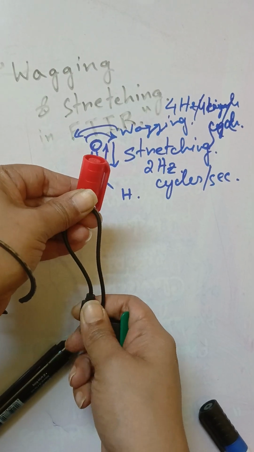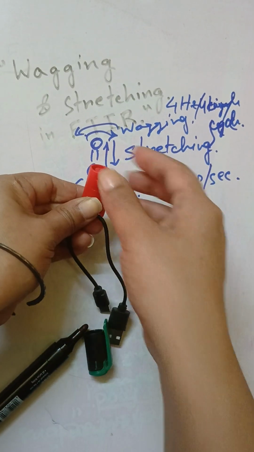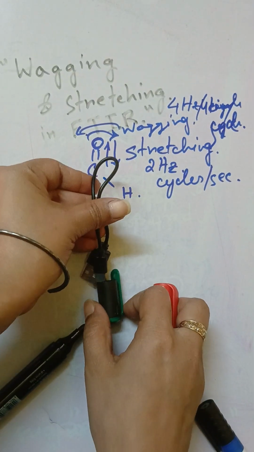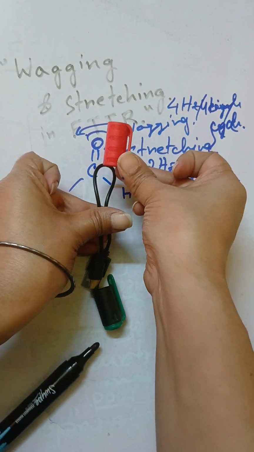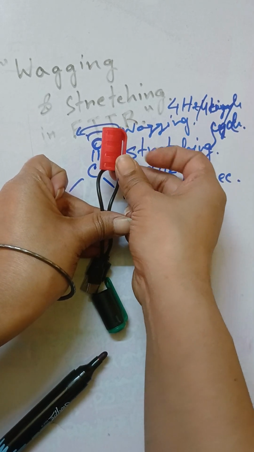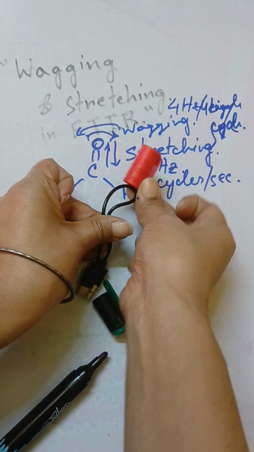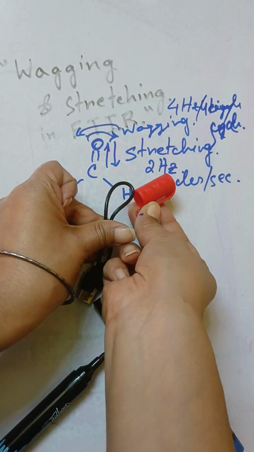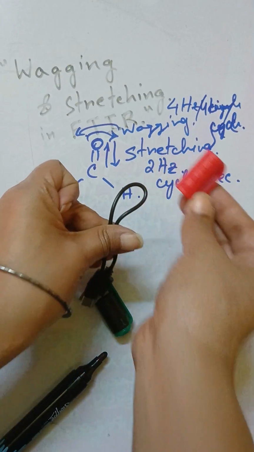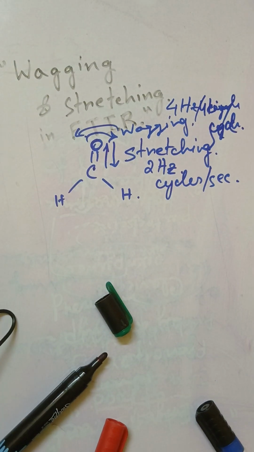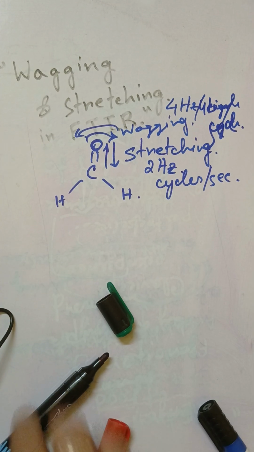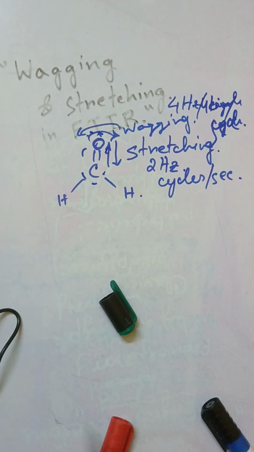Now if you want to see the wagging movement of 4 hertz, that is 4 cycles per second. So 1, 2, 3, 4. Now this is 4 hertz, the frequency of wagging in case of this compound specifically.